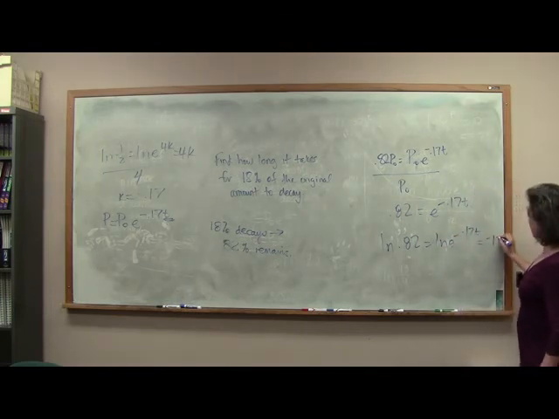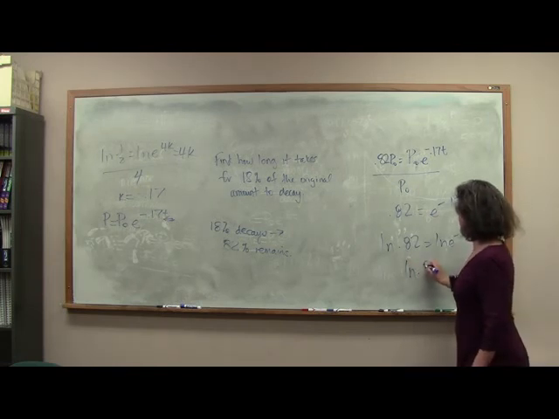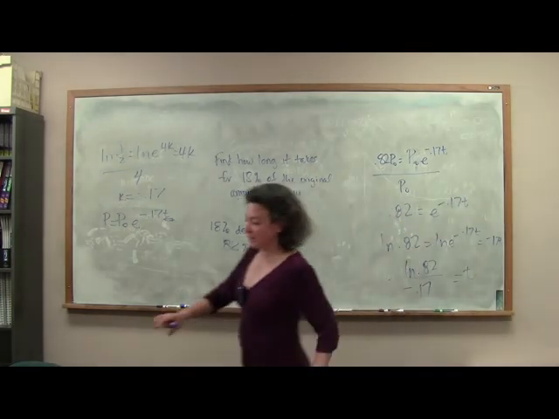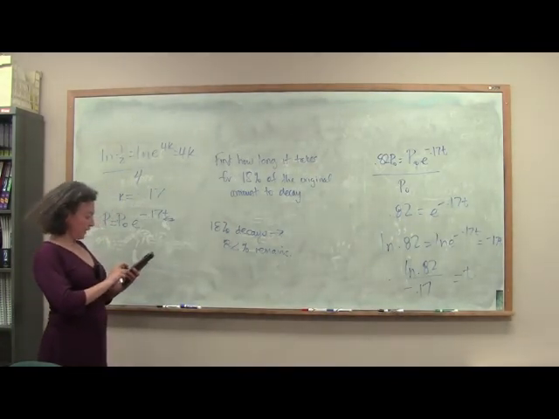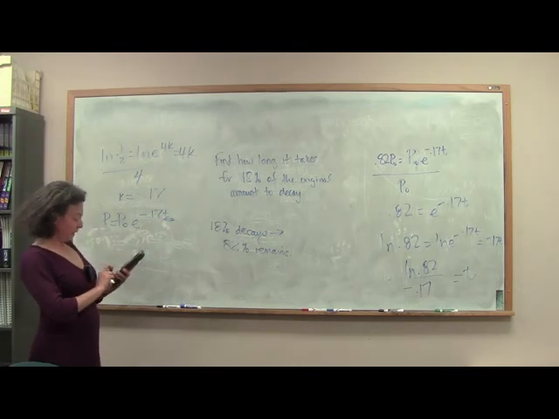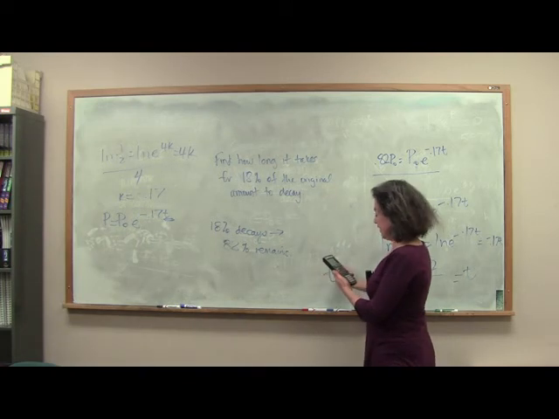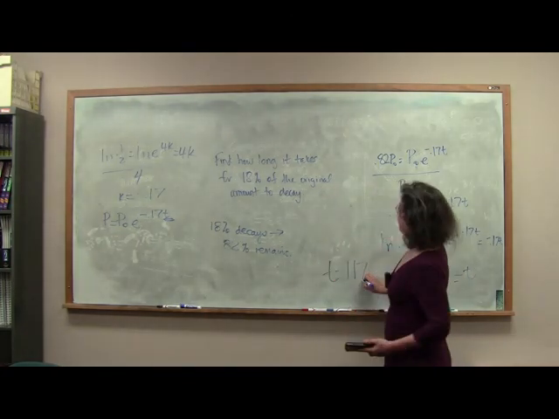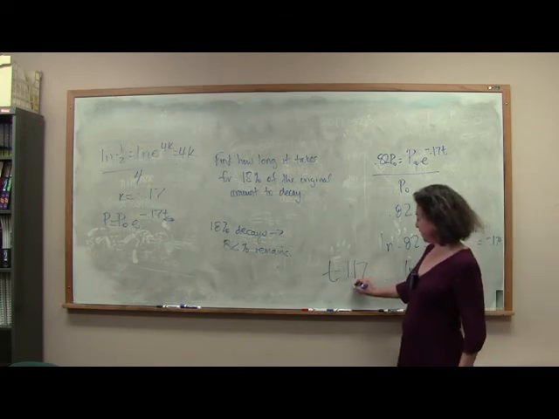You get negative 0.17t. So the time will be the natural log of 0.82 divided by negative 0.17, and so you're going to get t is about 1.17, and I don't know if any amount of time was given, but we'll just say hours.